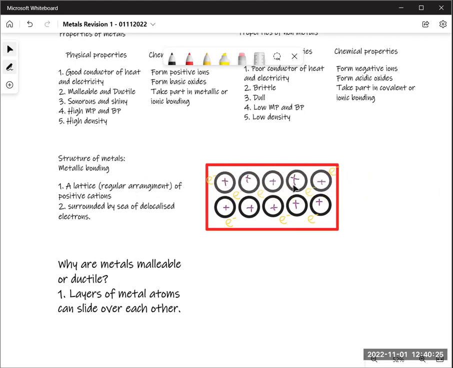You can shift this way, and you can also shift it like this. That allows the whole thing to bend. Look how this whole thing is now malleable. The whole structure has changed because of the layers being able to slide off each other when force is applied.